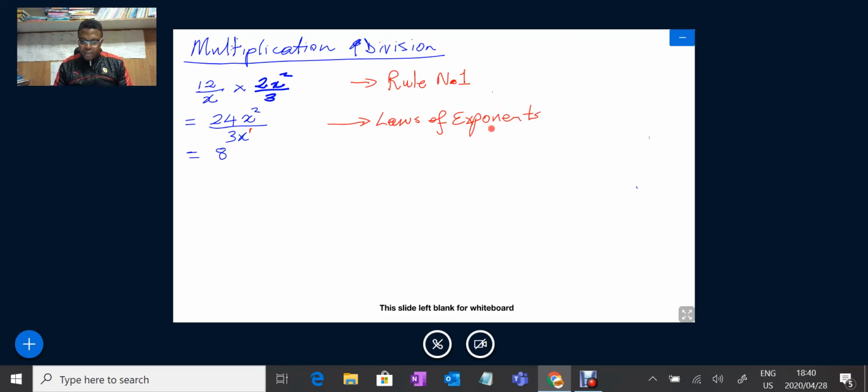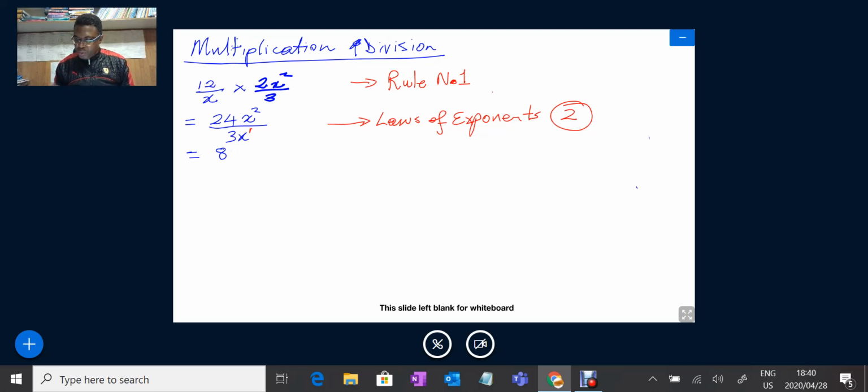If I remember well, it was law number 2, where we divide bases that are the same, and the law says you take the power of the numerator and subtract the power of the denominator.